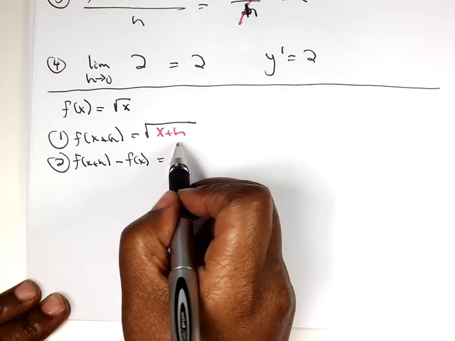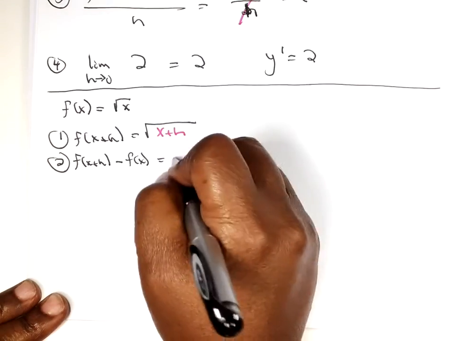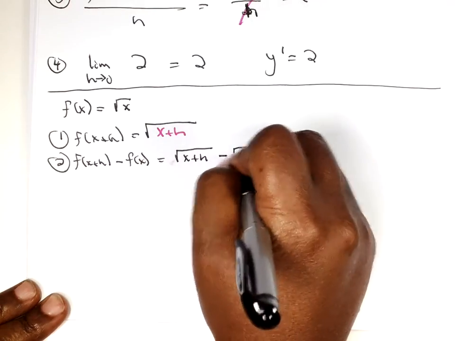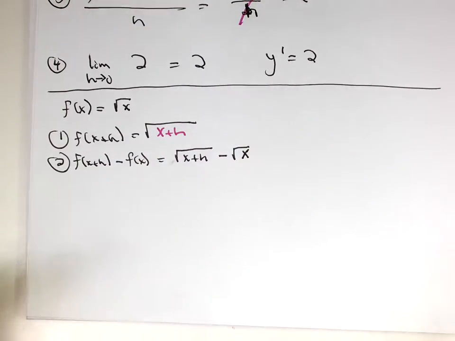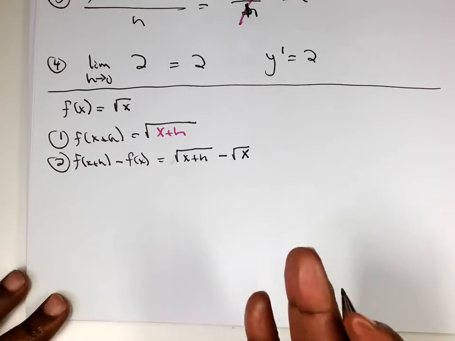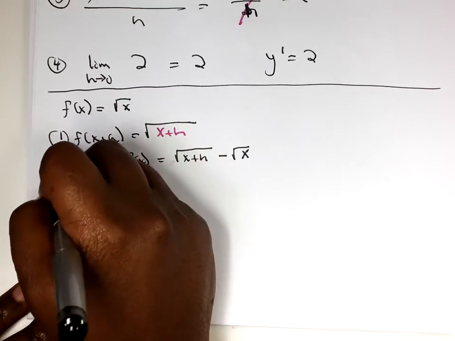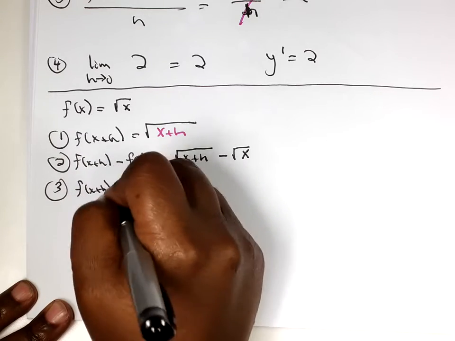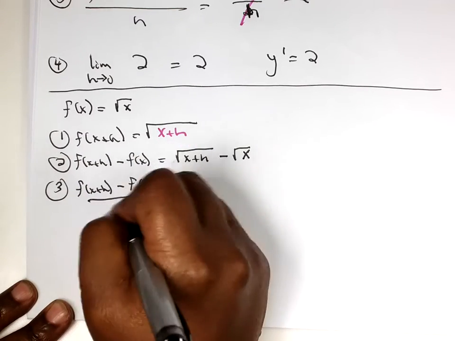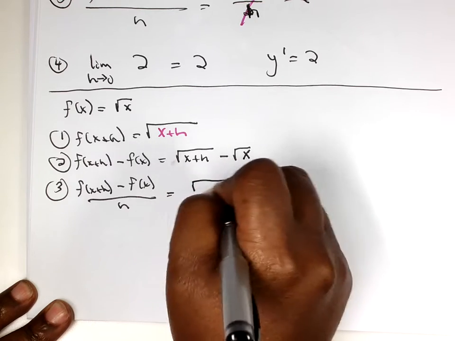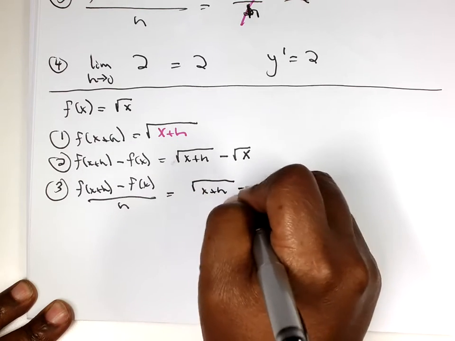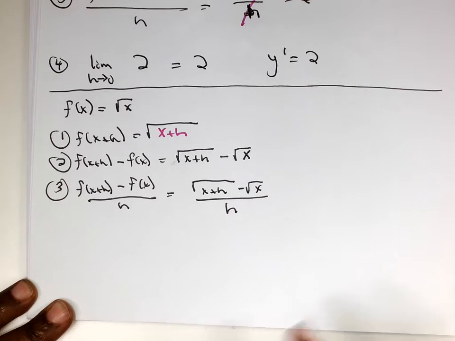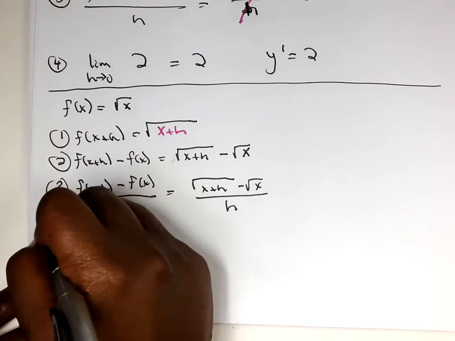So f of x plus h is square root of x plus h. And then we subtract the original, which is square root of x. There's nothing else I can do. I can't combine those in any way. Third step, take what we got in step 2 and divide it by h. And then fourth step, take that limit.